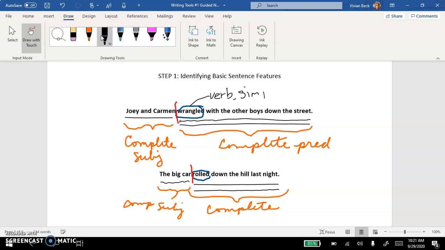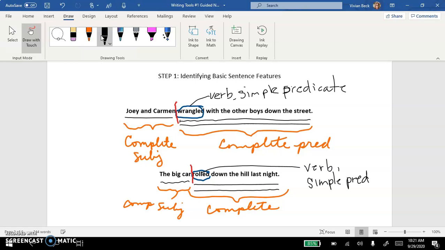It is just the action with none of its modifiers. Okay? And this is also our verb. Rolled is a verb. It has no other modifiers, so therefore it's also called our simple predicate.